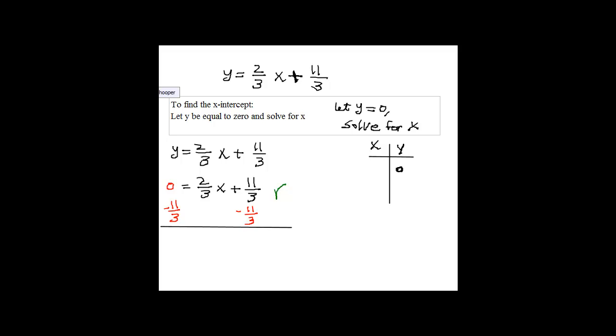So on the left hand side I have minus 11 over 3, which is equal to 2/3 x.